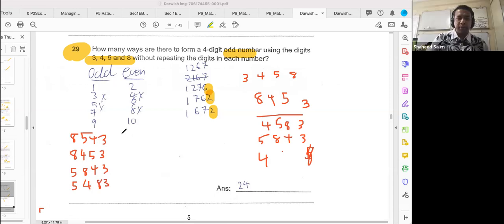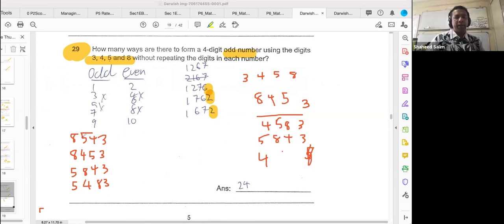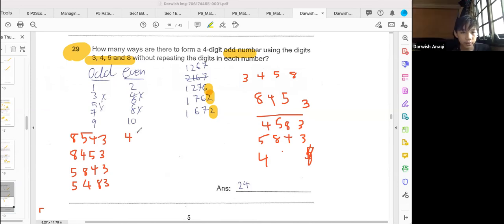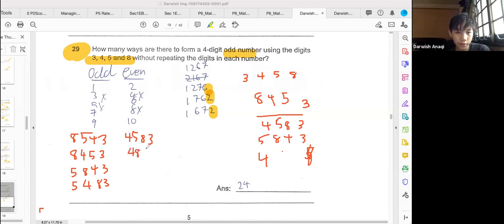Okay, and the next one? Now cannot, there's only 2, right? So let's try with 4 now. 4, 5, 8, 3, and then 4, 8, 5, 3.